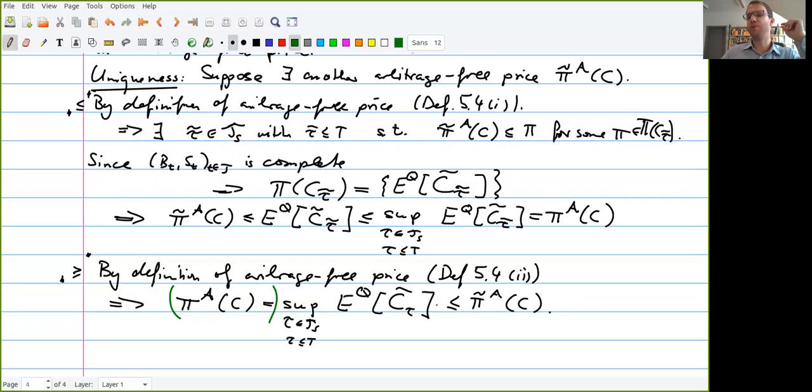So the supremum has to be less or equal than this arbitrage-free price P tilde A of C. And the supremum is the definition of our arbitrage-free price. So we also have the other inequality.